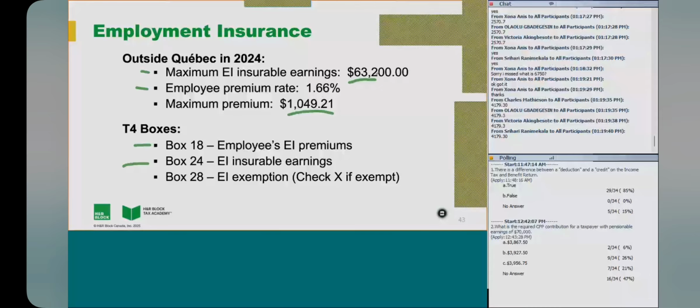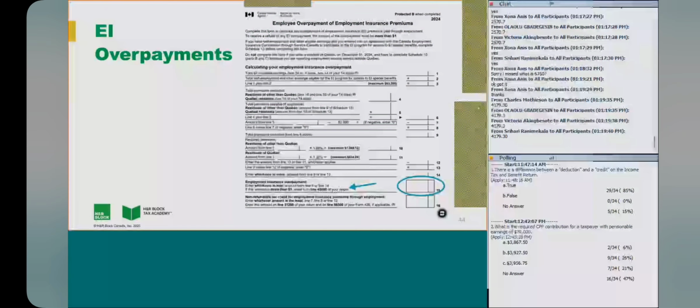And box 28 is the EI exemption. And again, we click X if someone is exempt. Now, notice this applies outside Quebec. I'll explain that a bit more in a moment.